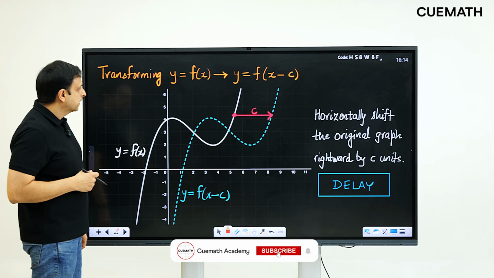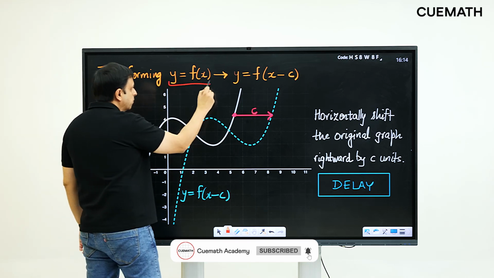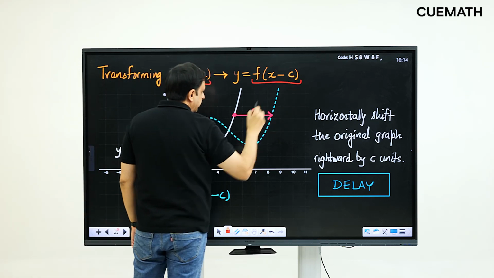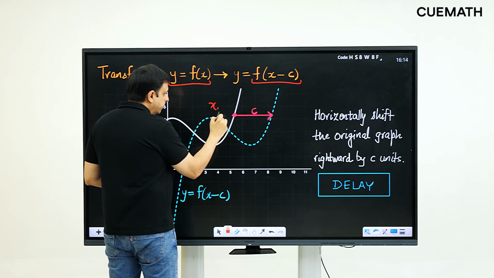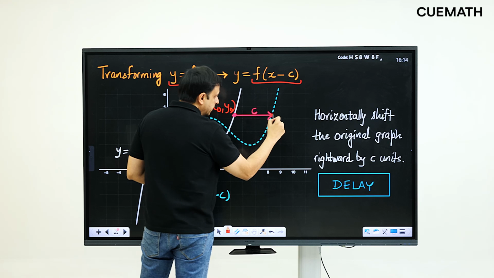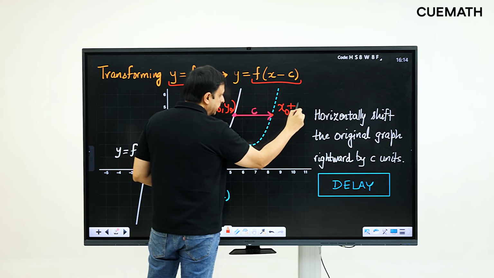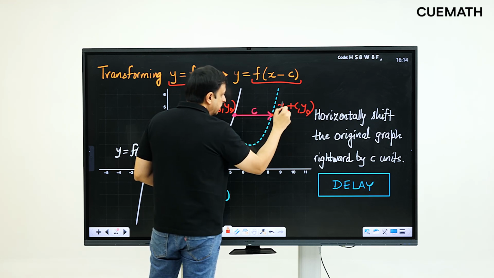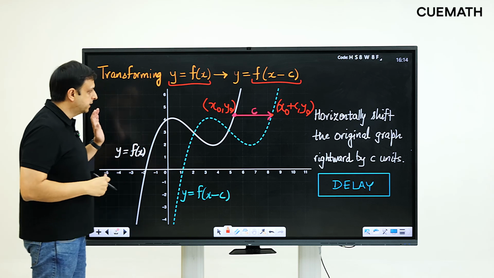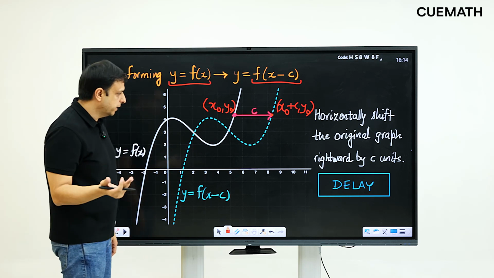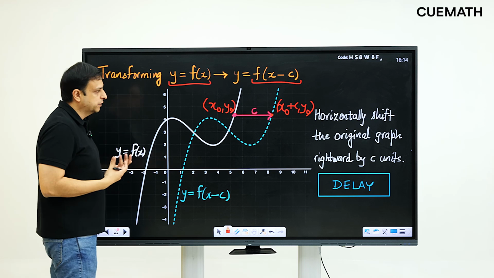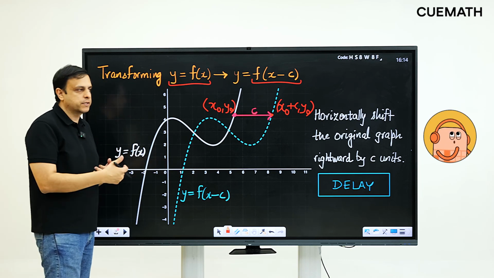And similarly, if you have to transform y equal to f of x to y equal to f of x minus c, then what this transformation does is it sends any point x naught y naught on the original graph to this corresponding new point x naught plus c comma y naught on the new graph, and this means that the whole graph is shifting rightward by c units, and you can think of this shift as a delay of the original graph.